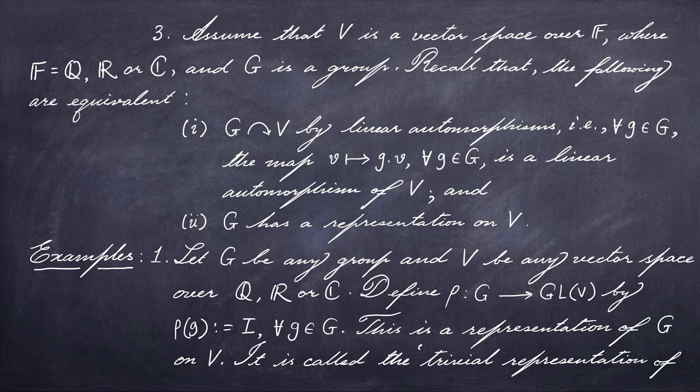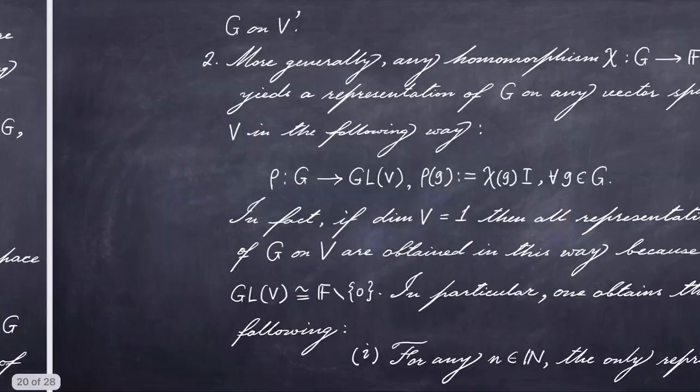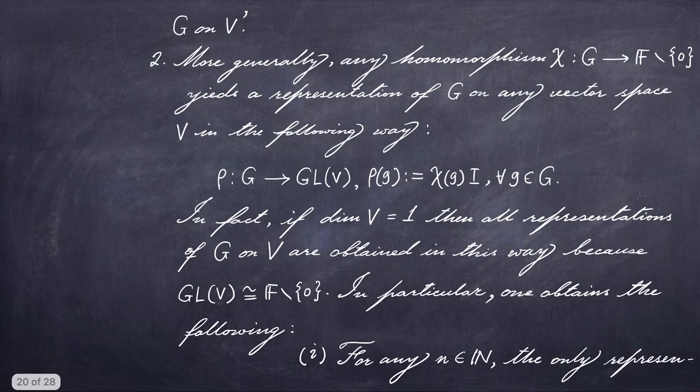Thus, to begin with, a representation is a special case of group actions. The first example is the most trivial one, that is, it sends every group element to the identity operator of the vector space V. This is called the trivial representation of G on V.